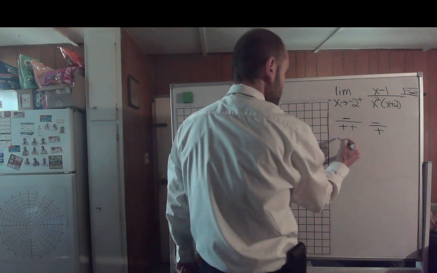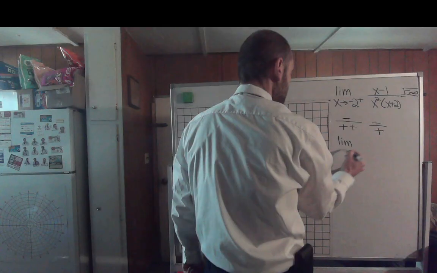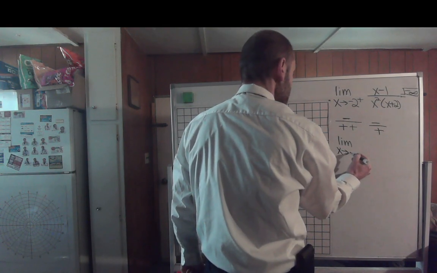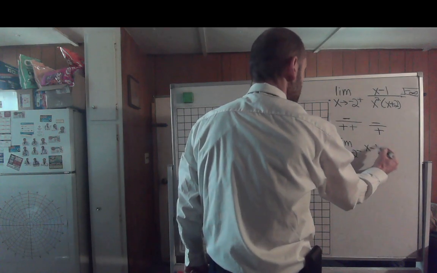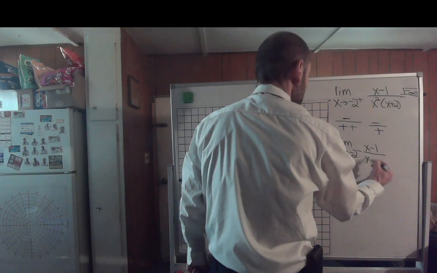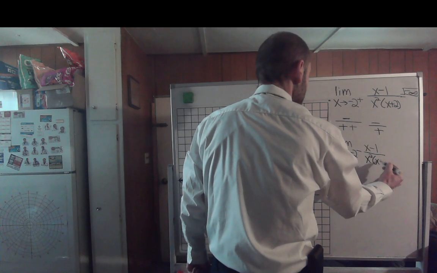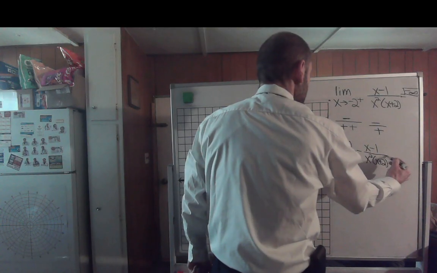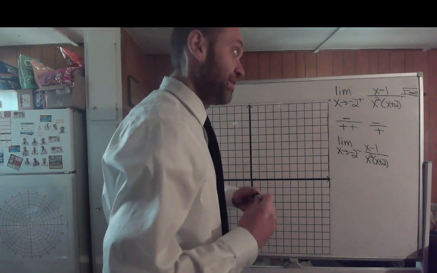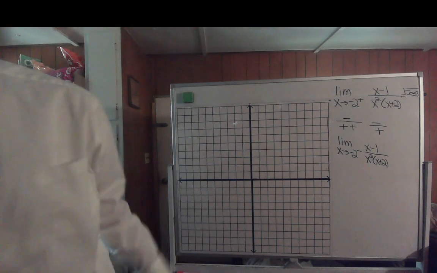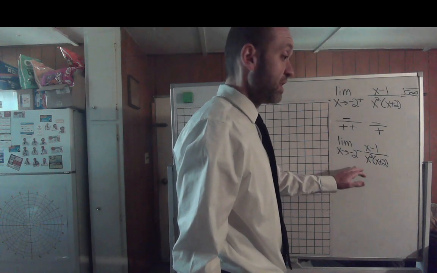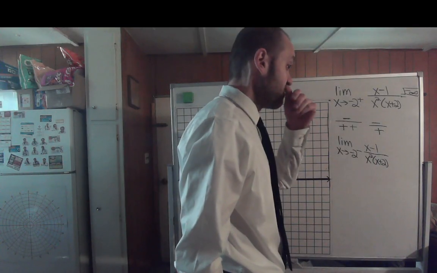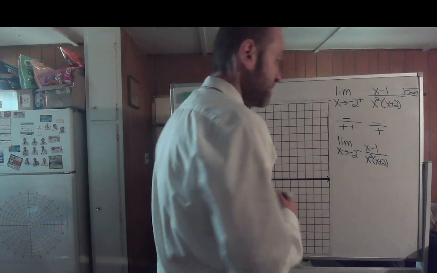Alright, now let's switch it up. What about the limit as x approaches -2 from the left of this function, (x - 1) over x squared times (x + 2)? This time I want to go from the left. So if I approach -2 from the left, that means smaller than -2. I'd have -2 point something in the numerator.